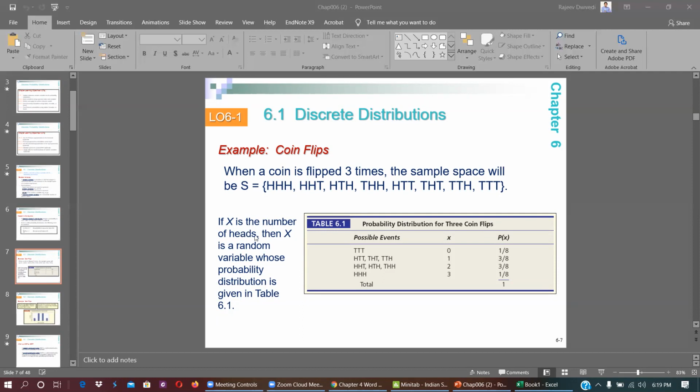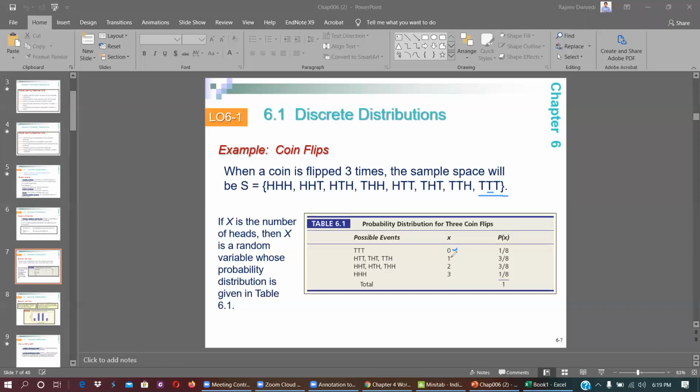If X is the number of heads, then X is a random variable whose probability distribution is given. So what is the probability of having at least one head? Look into this case, the number of heads will be 0. In this case, no head.